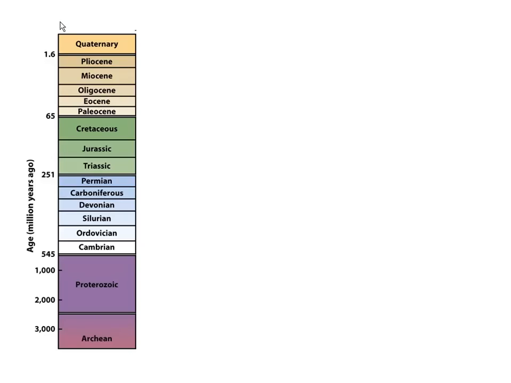And all of the major intervals are based primarily on fossil evidence and changes in life over time. Okay, I don't expect you to know the geologic timescale for this class, but we are going to talk about a couple key specific intervals of time that are important to understanding glaciations and ice ages.